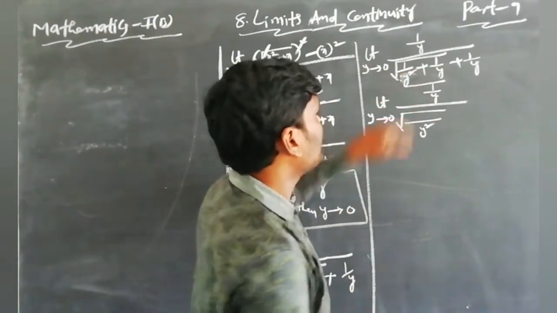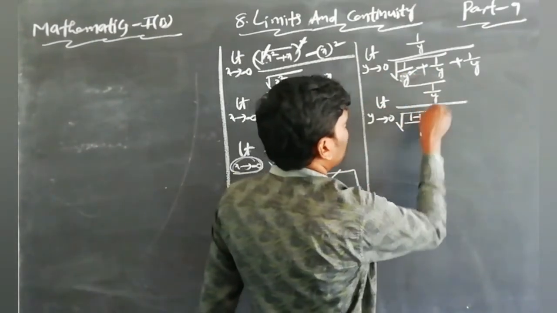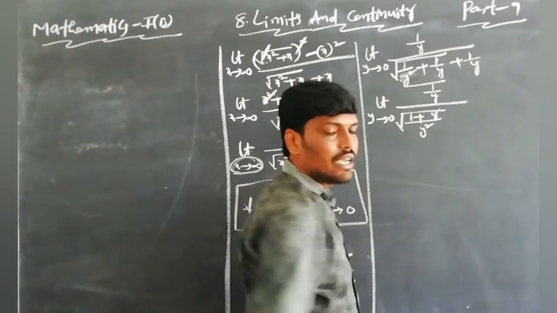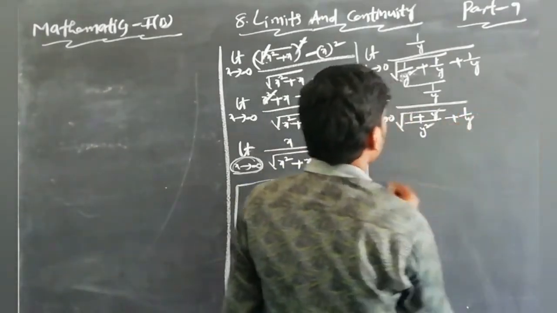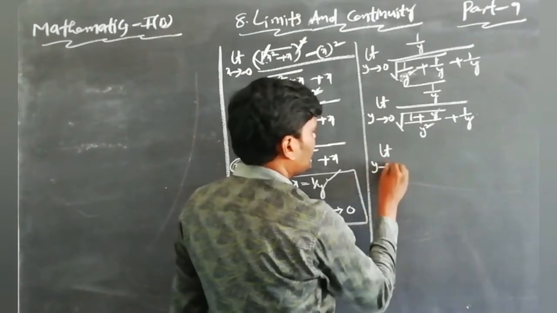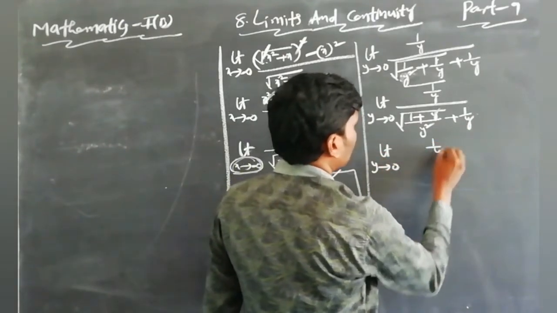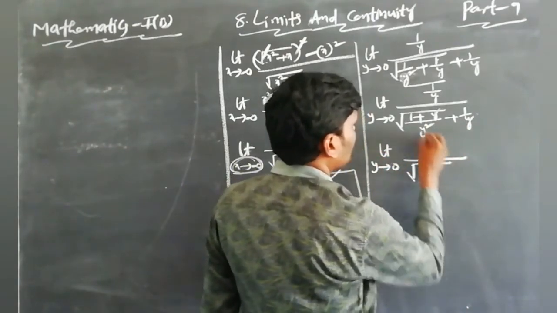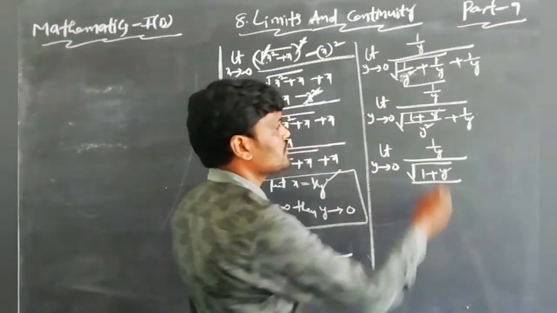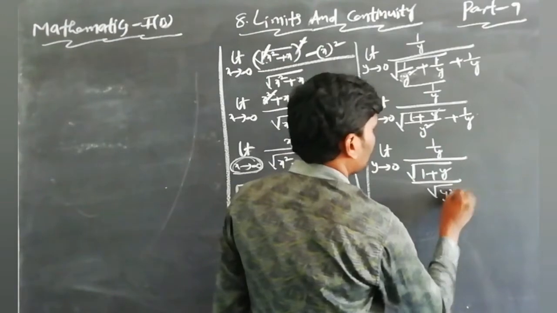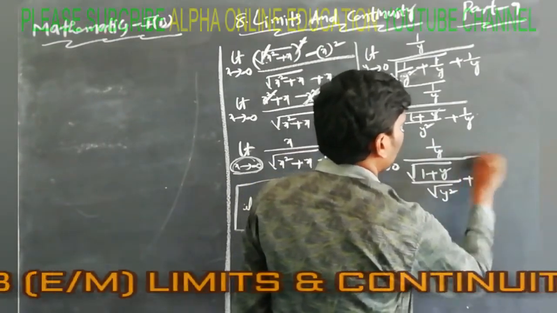After that you can write 1 plus y over y square, that is 1 into y plus 1 by y. Limit y tends to 0, 1 by y, square root of 1 plus y, all by square root of y square plus 1 by y.